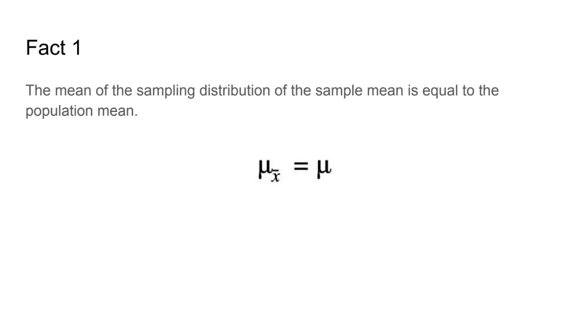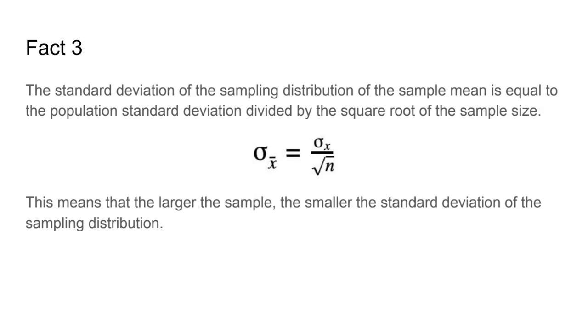Now, I'm going to skip over fact 2 that was discussed in the script because we don't need it so urgently, but I want to talk about fact 3. Fact 3 says something about the relationship between the standard deviation of the sampling distribution and the population standard deviation.